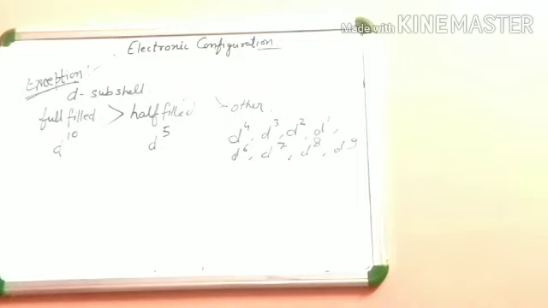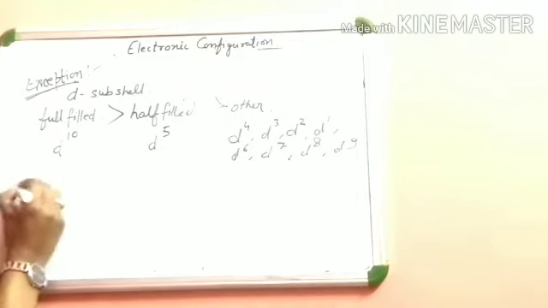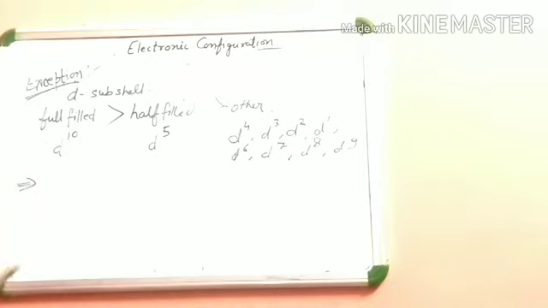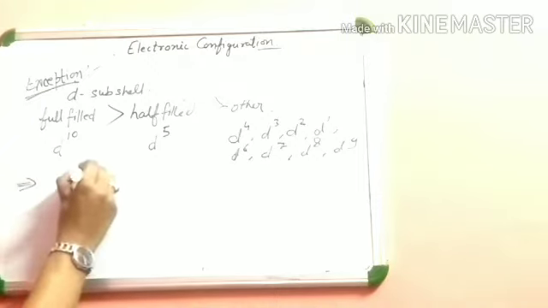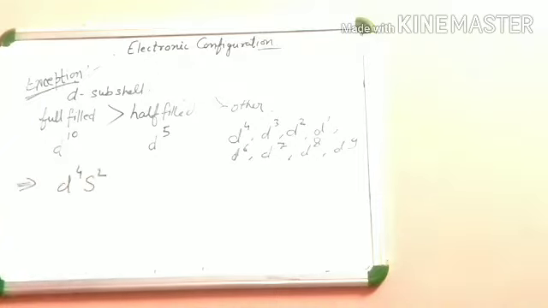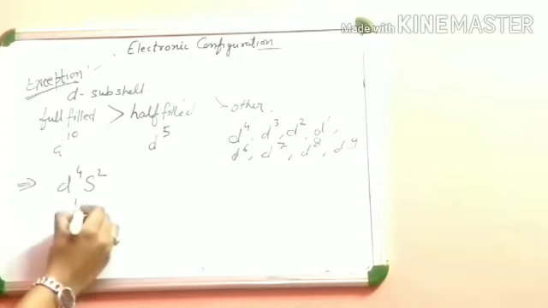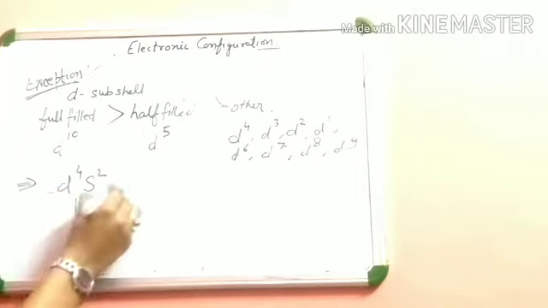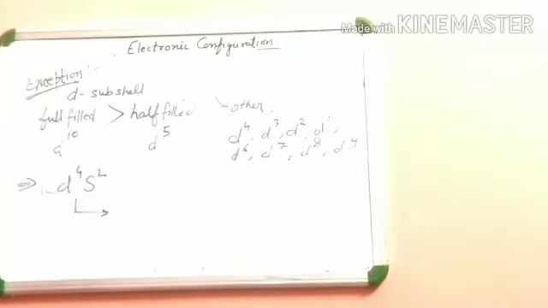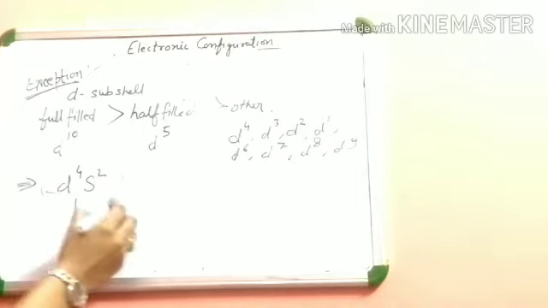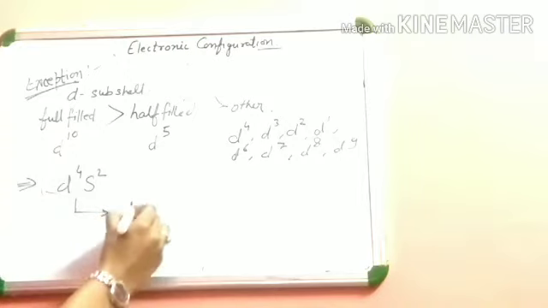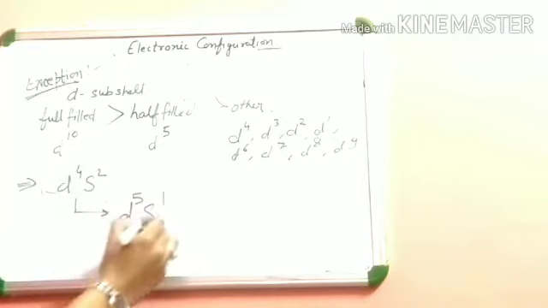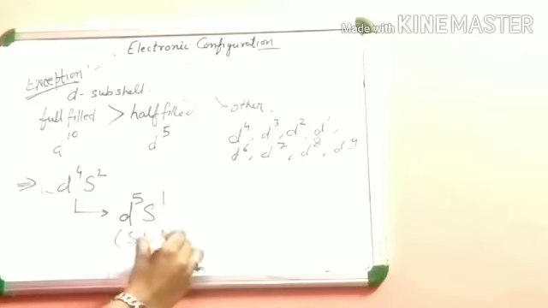Suppose the electronic configuration of any atom is d4s2. Then what will happen? This is not a stable form of electronic configuration, so it will convert into d5s1, because this is the stable configuration.